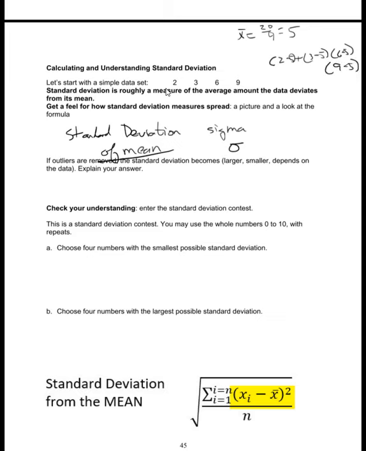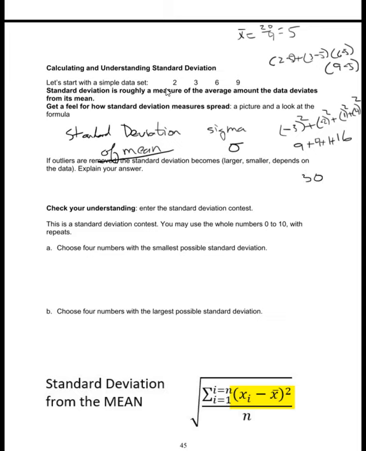So 2 minus 5 is negative 3 squared, and then 3 minus 5 is negative 2 squared, and then 6 minus 5 is 1 squared, and then 9 minus 5 is 4 squared. So this becomes 9 plus 4 plus 1 plus 16. Alright, so that's 13, 14, that is 30.